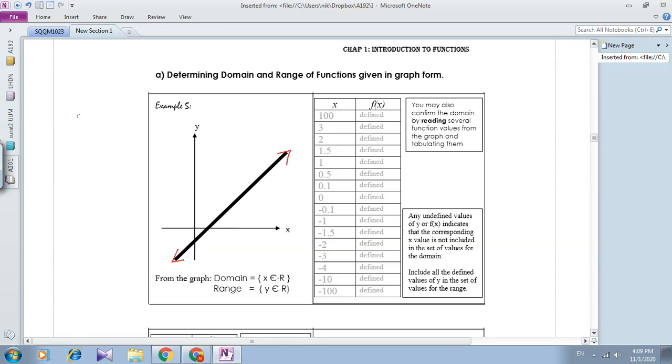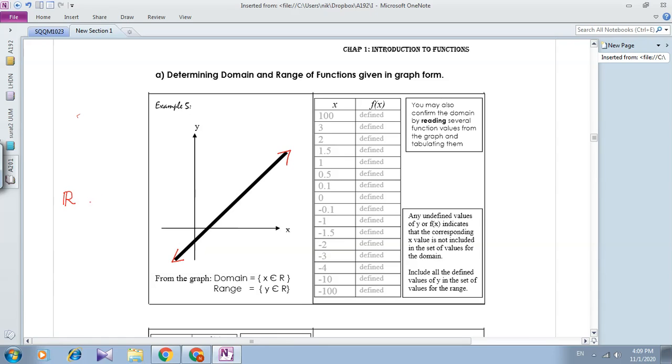The capital R here is actually real numbers, and the correct way to write real numbers R is this way, by writing a double line for this.